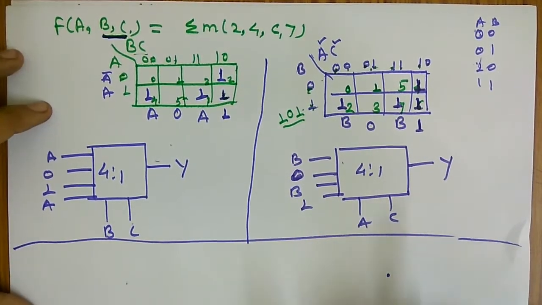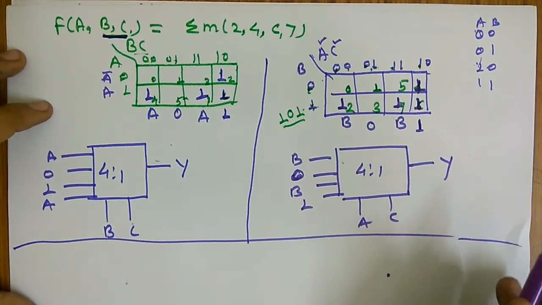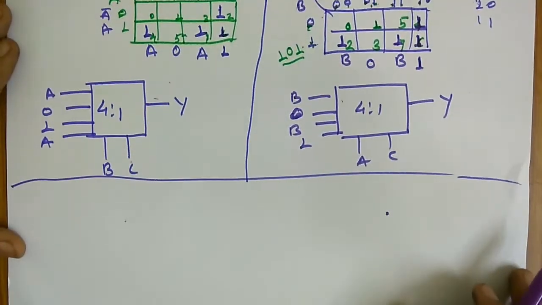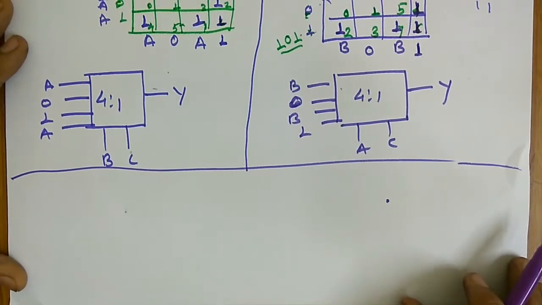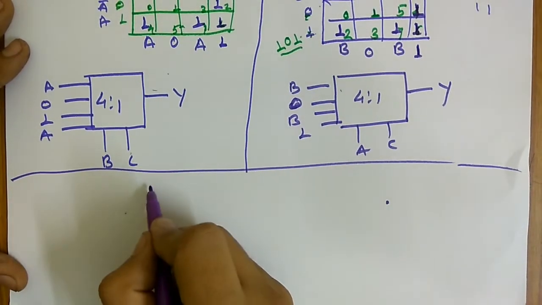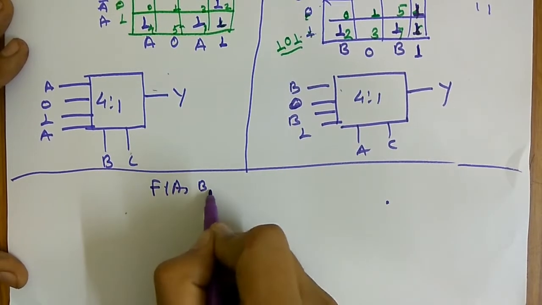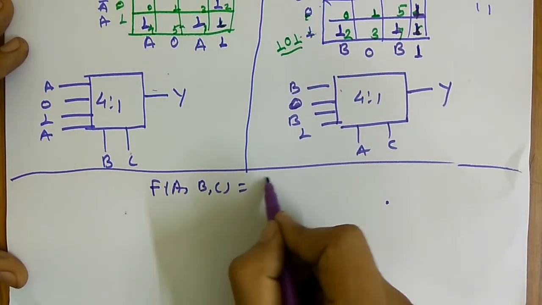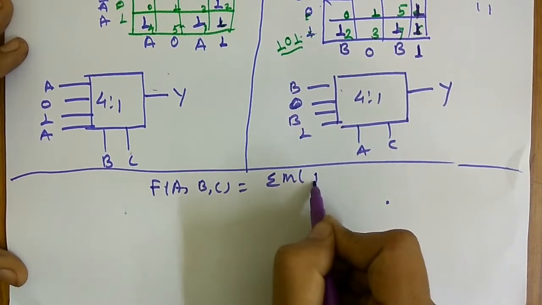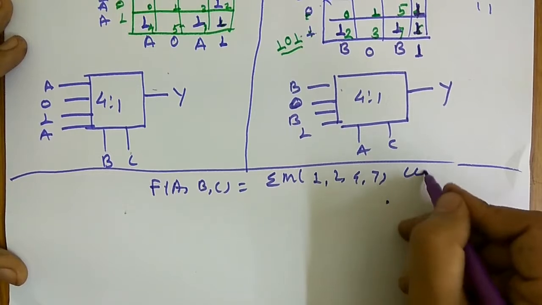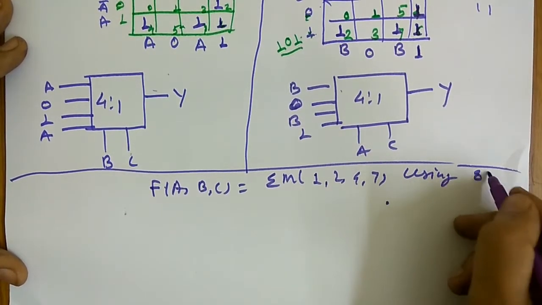So we have seen many problems, and I will give one more problem, as an 8 raised to 1 mux. The function is f(A, B, C) equal to sum of minterms 1, 2, 4, 7 using 8 raised to 1 mux.